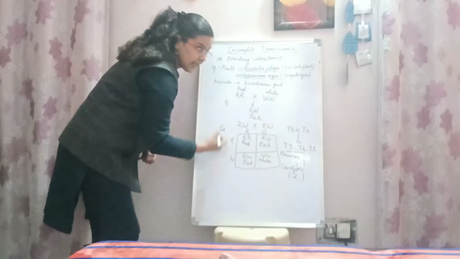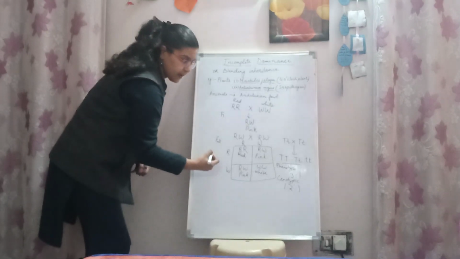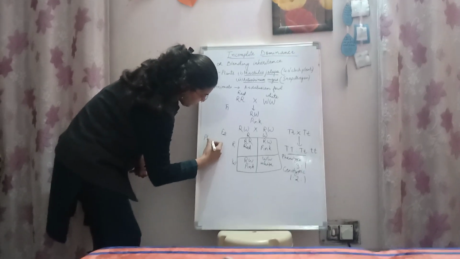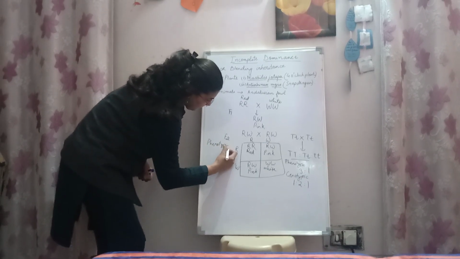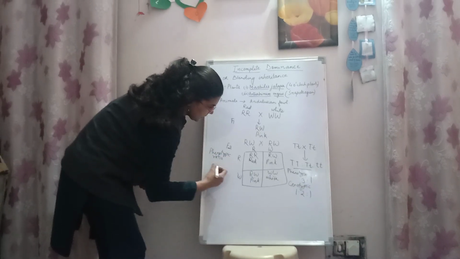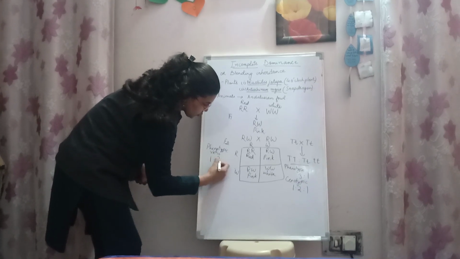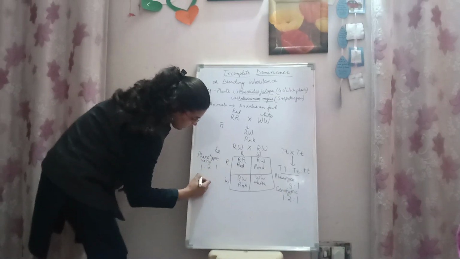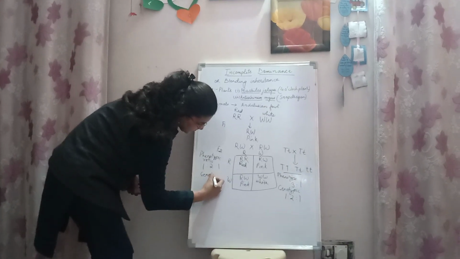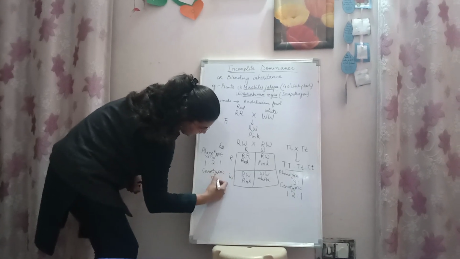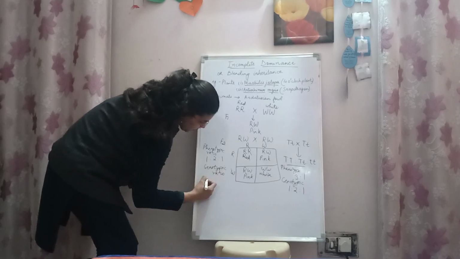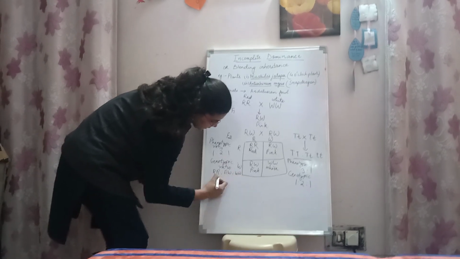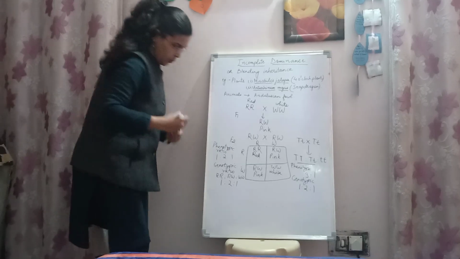But if we see the F2 phenotypic ratio and genotypic ratio in the incomplete dominance, so here the phenotypic ratio is 1 red is to 2 pink is to 1 white, and the genotypic ratio is again 1 RR, 2 RW, 1 WW. So the genotypic ratio is 1 is to 2 is to 1.